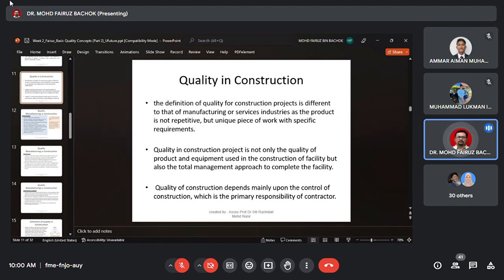The next one is that quality of construction depends mainly upon the control of the construction, which is primarily the responsibility of the contractor. The contractor is the main person responsible at the construction site. So anything that happens, the first person they look for is the contractor. That is a big responsibility.